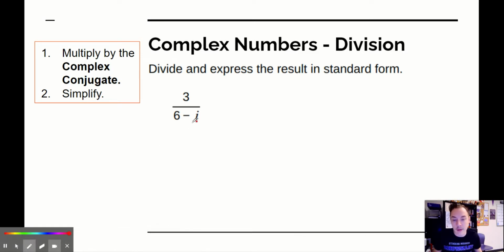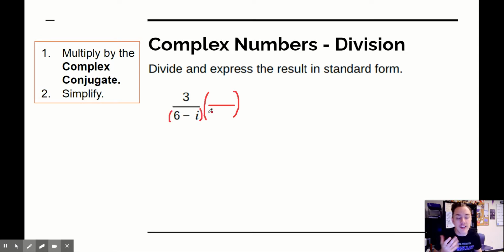So I have a problem like this. This is division. I want to express it in standard form, but what will this look like? Well, I'll show you what it looks like. First off, I need to multiply, just like when I rationalize, both the bottom and the top by the complex conjugate. Why do I do that?